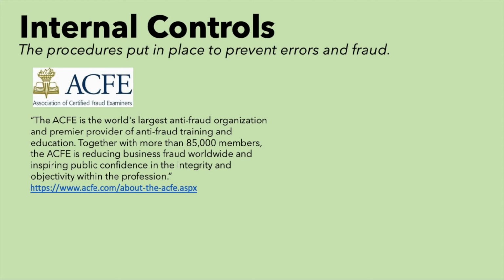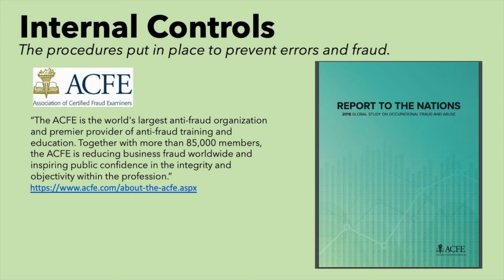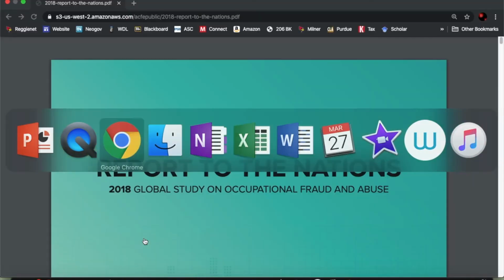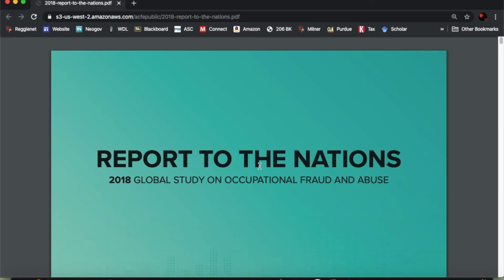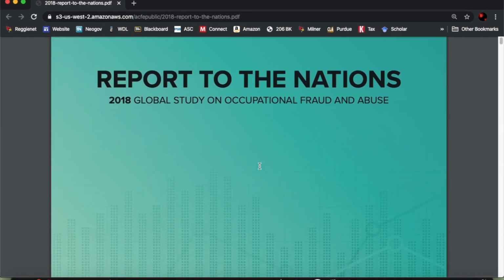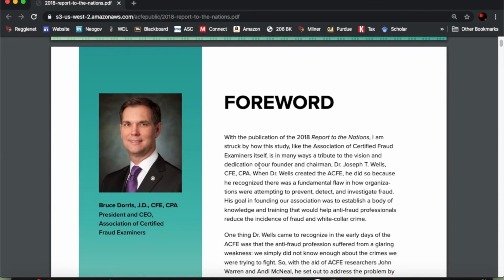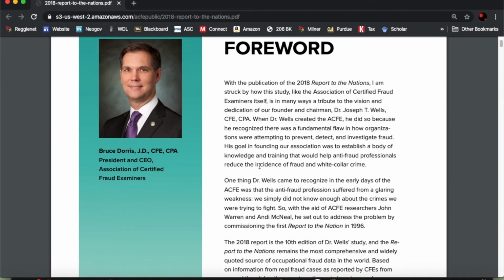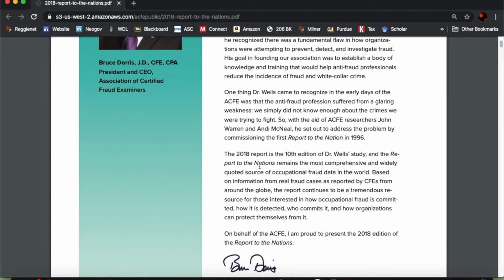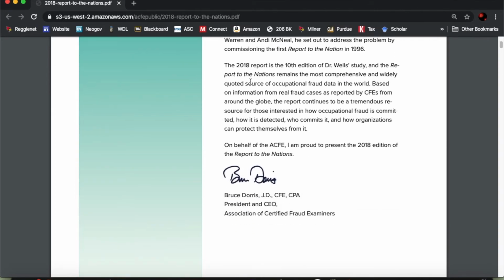So the ACFE produces each year a report to the nations. It's a global study on occupational fraud and abuse. So I want to take a minute to show you what that looks like. So this is the report to the nations, the global study for 2018. It's produced by the Association of Certified Fraud Examiners, and it's about 80-some pages long.